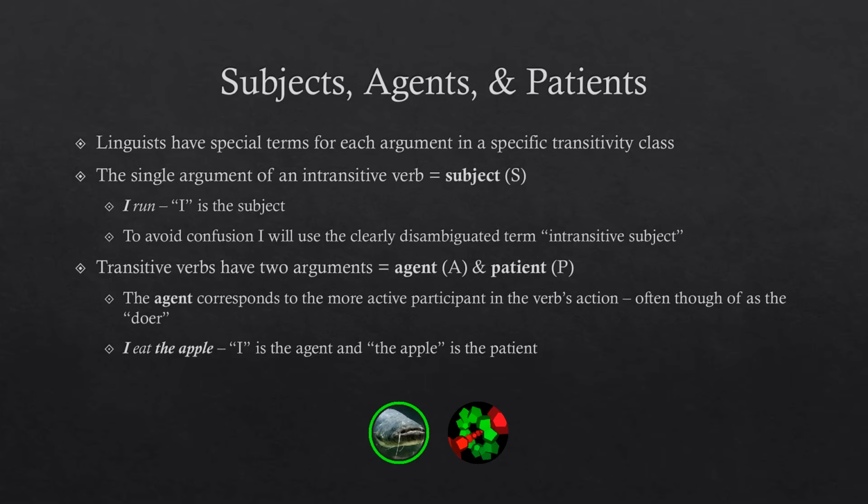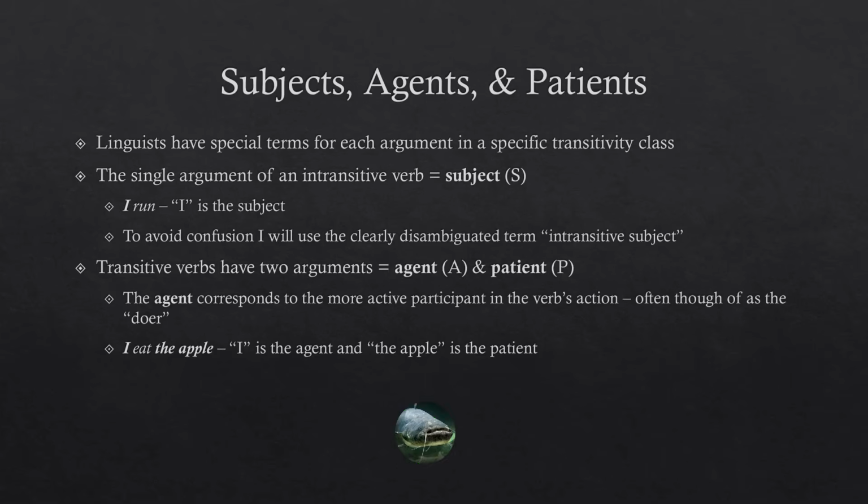And the patient is the second argument that's less active. So in I eat the apple, I am the agent because I am doing the action of eating. I'm more active, and the apple is just the patient, the recipient of that action that I am doing.